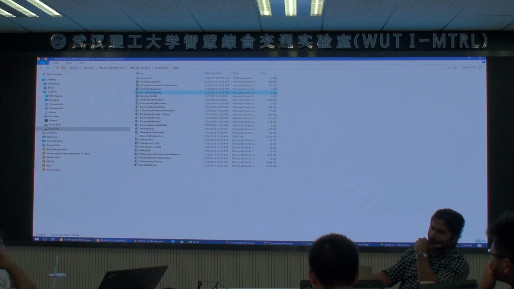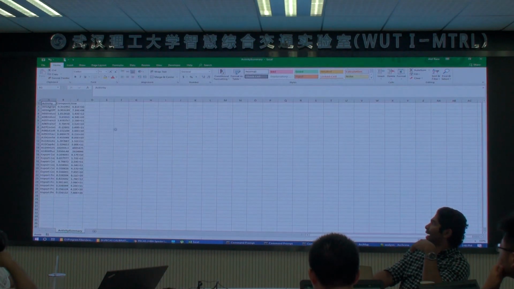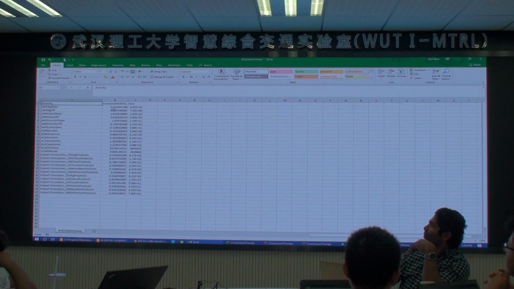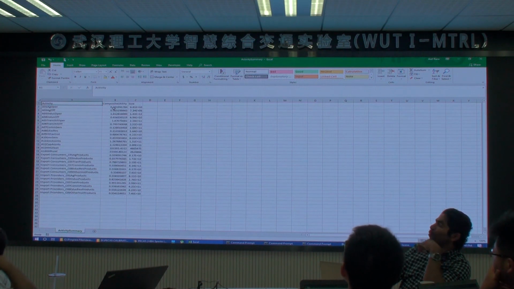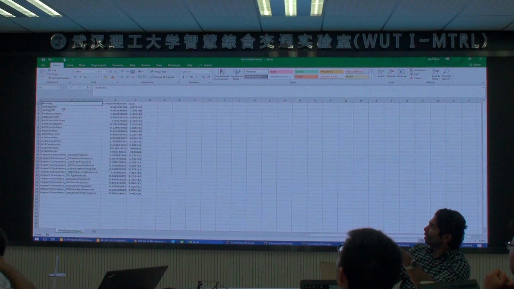So activity summary is also an output file, which has the composite utility for each activity for the whole region, because you have a composite utility for each zone for each activity.